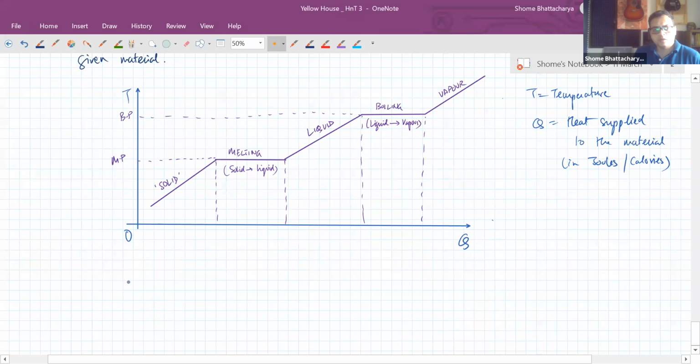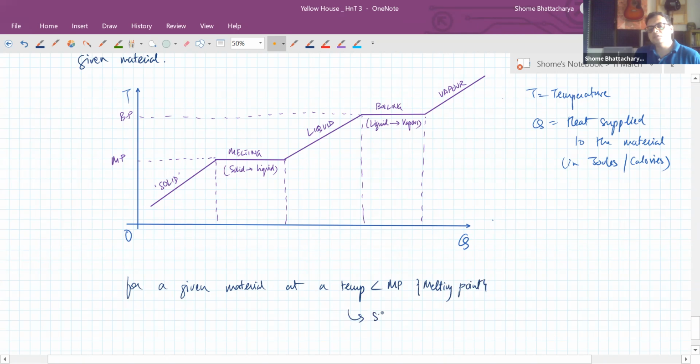Okay. So for a given material at a temperature less than the melting point, the state will be solid, and temperature change will be directly proportional to heat supplied.